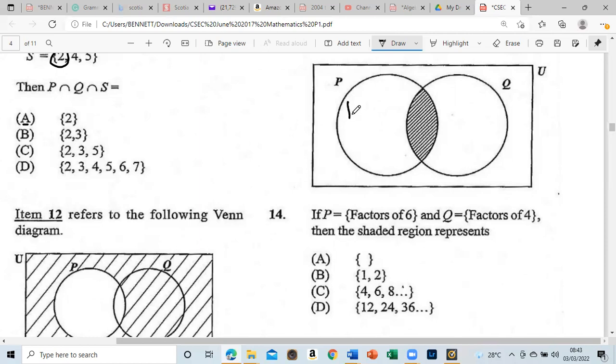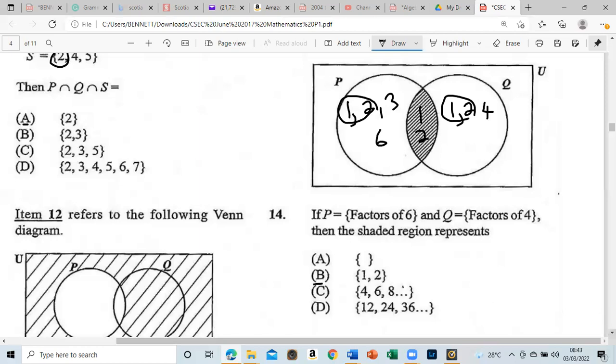So the factors of 6 are 1, 2, 3, and 6, and the factors of 4 would be 1, 2, and 4. So the numbers that are common are 1 and 2. So our answer is 1 and 2.